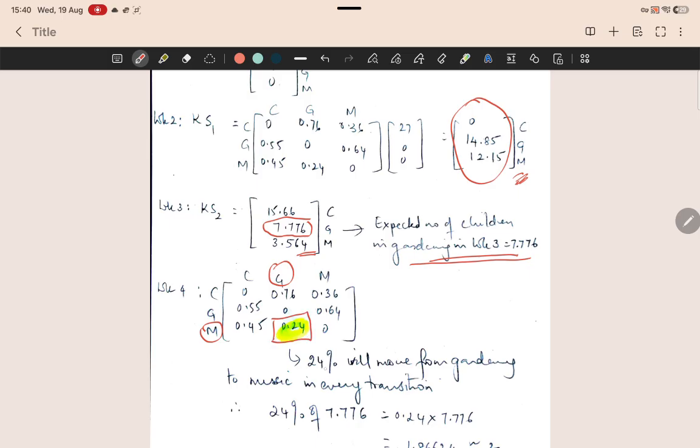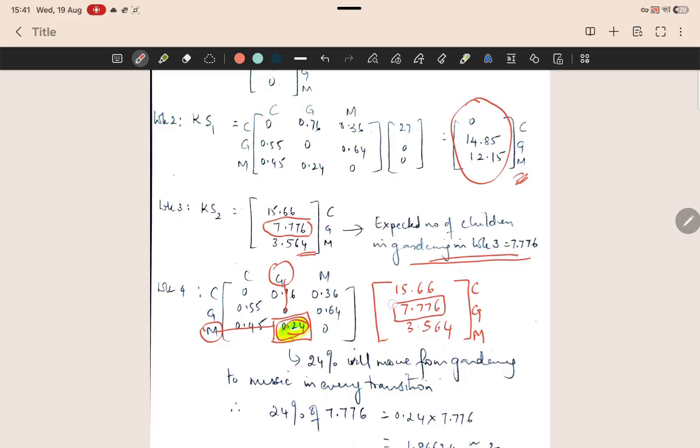So 24% will move. That 24%, which is the second place on this particular row, will multiply the second place.